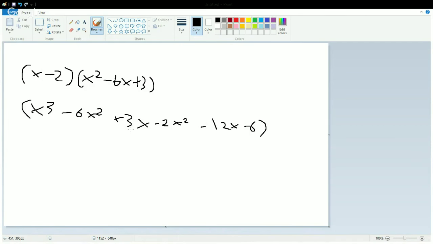Adding everything together: x cubed, minus 6 minus 2 becomes minus 8x squared, 3 plus 12 gives 15 so that's plus 15x... Okay, so your final answer is x cubed minus 8x squared minus 9x minus 6.